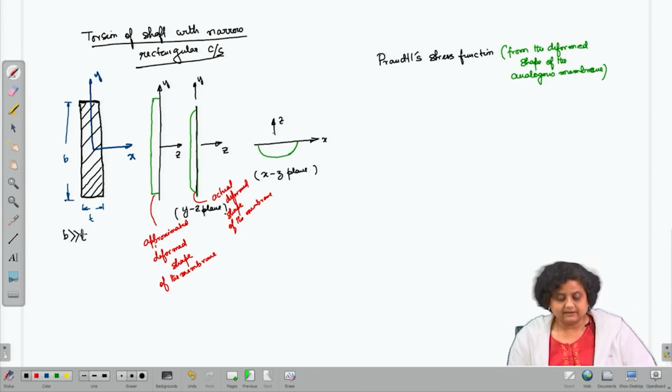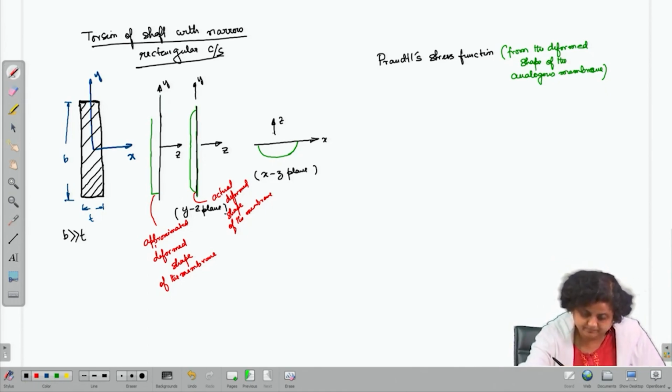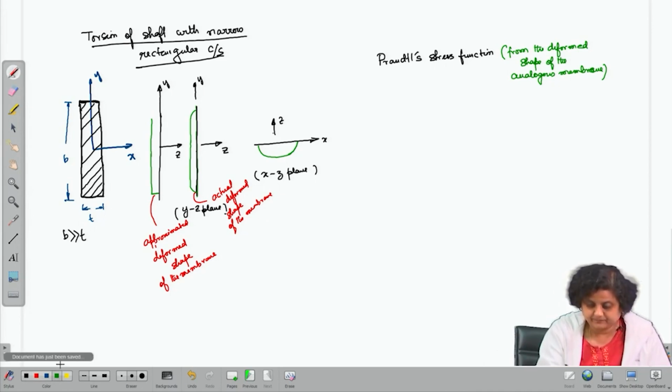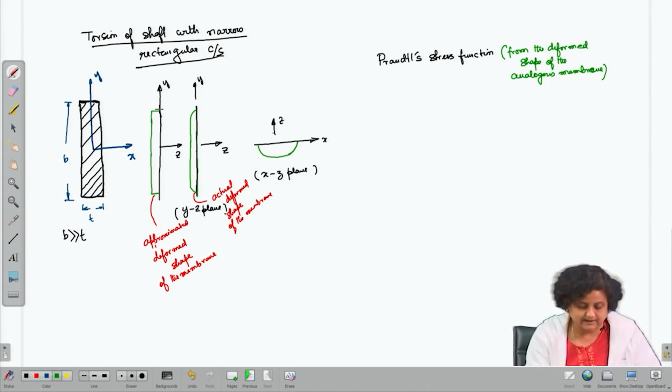Now, what I have done, this has become bigger than. So, now what I have done, my actual shape is like this.